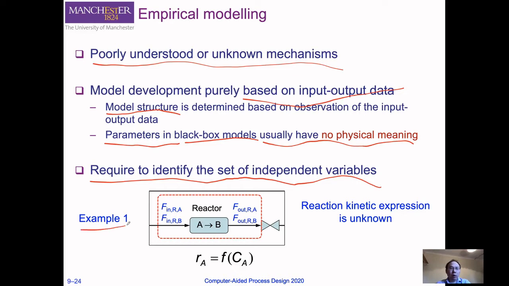For this example, if we don't know the reaction kinetics and we don't have much knowledge about this process, like fermentation process, then how can we develop reaction kinetics for this reaction using the empirical modeling approach?